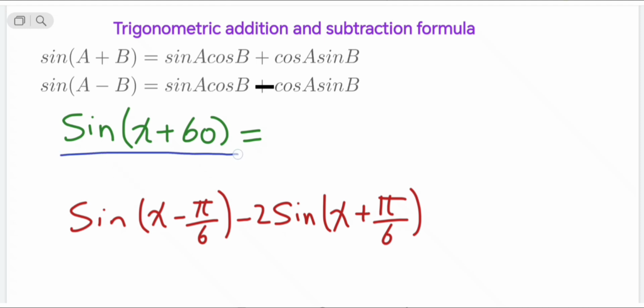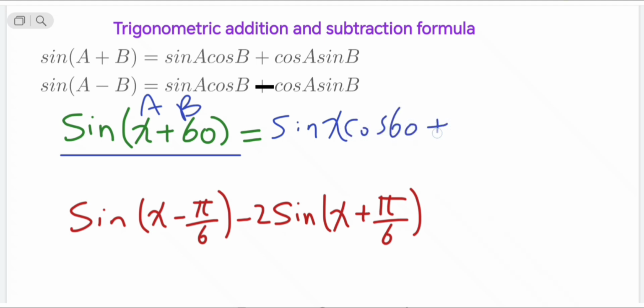First of all, we will apply the formula here: sin(x + 60). x means A, 60 means B. This is plus, so we will use this formula. Sin A means sin x, cos B means cos 60, plus cos A, which means cos x, then sin B means sin 60. So we can simplify.